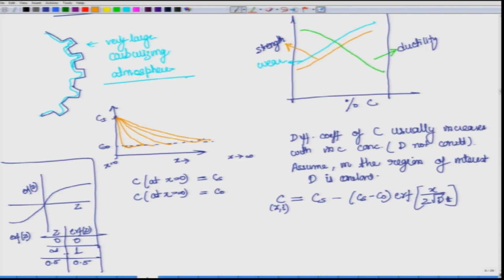And like I said, since ERF of 0.5 is equal to 0.5, there is a very nice relation that you can obtain at half of this value, which is 1 by 2 (Cs plus C naught).